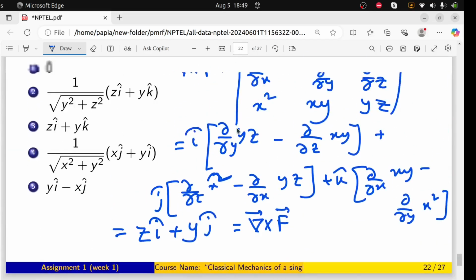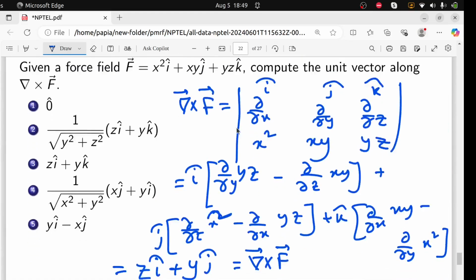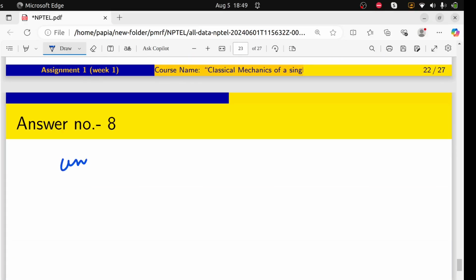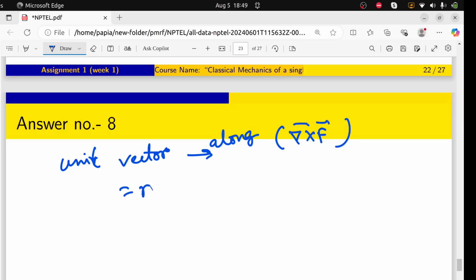Now they are asking what will be the unit vector along curl of F. So the unit vector along curl of F, I am just denoting that one as n cap.